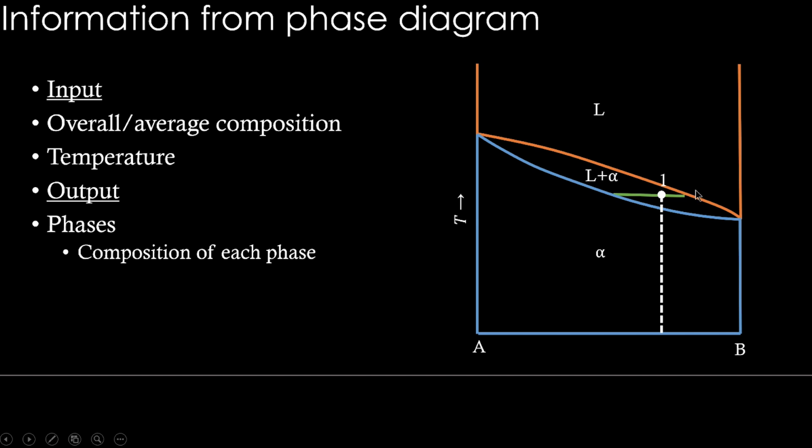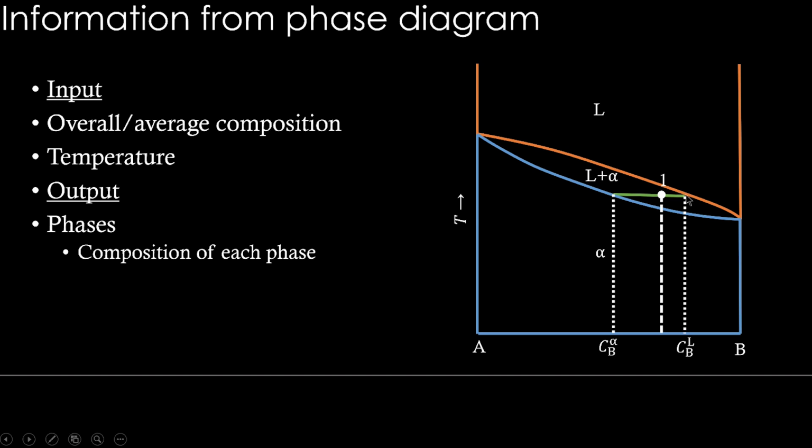Then drop down from where it intersects the single phase regions. Okay, so these compositions in the x-axis can be read as the composition of phases. Like the tie line touches the alpha region here, and that's where we are dropping it down. This is composition of alpha. So the B content is indicated. So since it's a binary, A content is implicit.